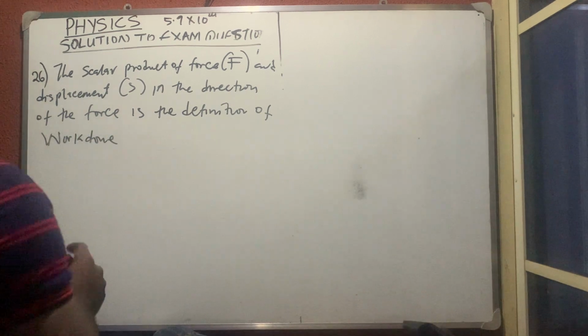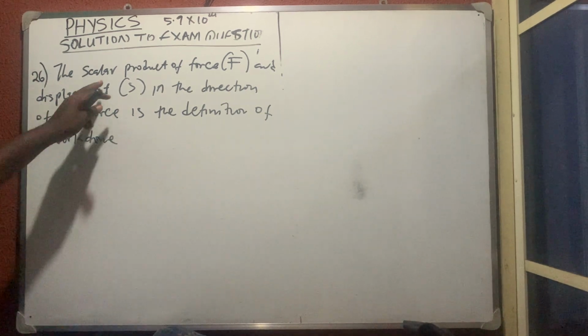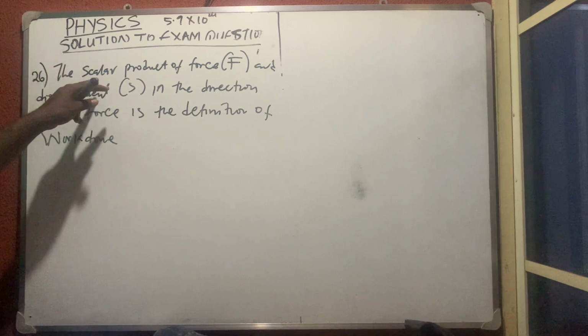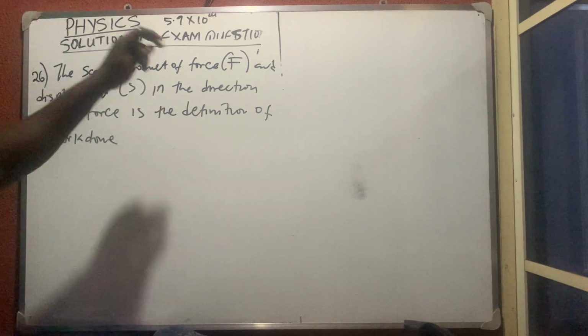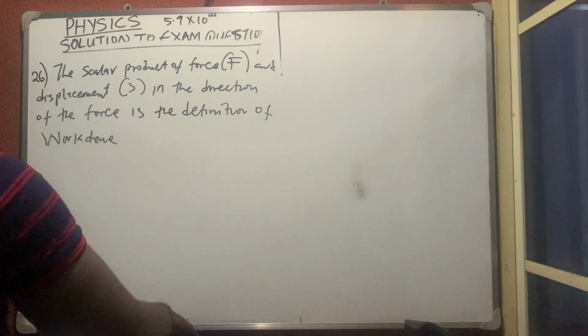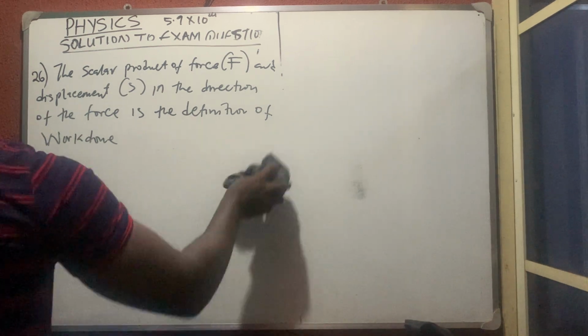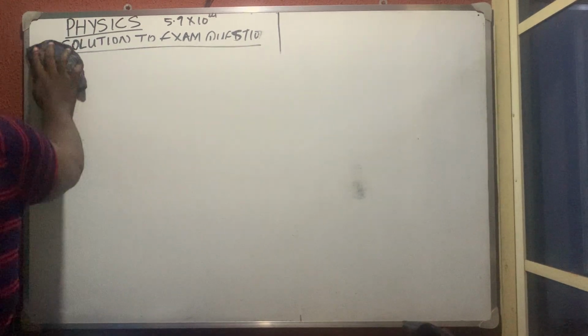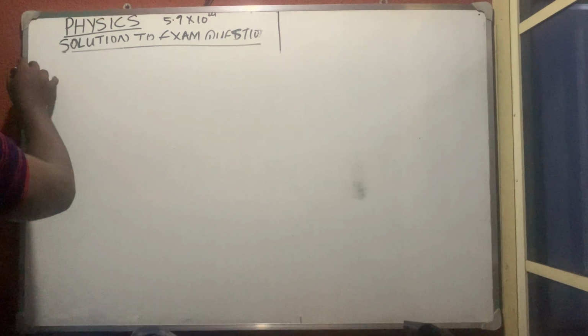Work done is a scalar quantity. The scalar multiplication, or dot product, of two vectors will give you a scalar.